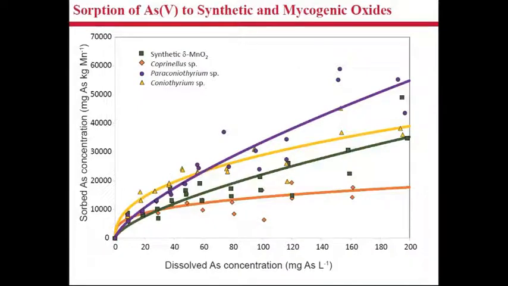We can do the same thing with arsenic. I felt like I had to put up an arsenic slide, and this is the only one I had. I try to please. So this is arsenic 5 absorbed to the same oxides. What you can see is that the synthetic does a little better here. It's in the range of the different biogenic oxides, and we get a lot less here, although there's still a fair amount absorbed.